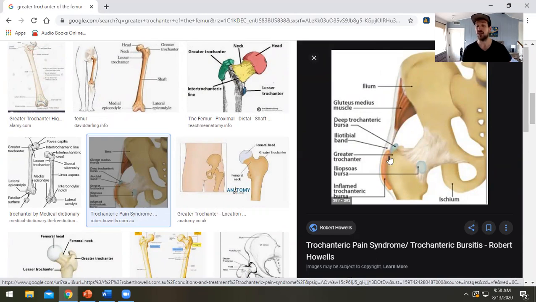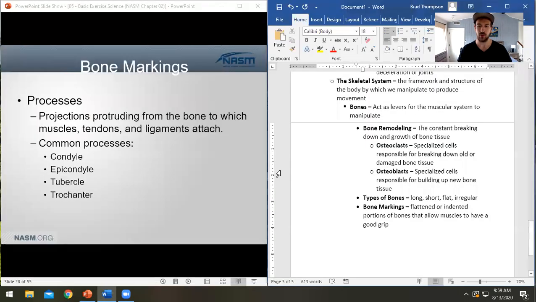If you see it running from here to here, we need to place a foam roller between this bony point up here on the top of your hip and your greater trochanter, that knob down the femur off to the side. If you place a foam roller right here, we're going to try to get that muscle to relax. That's a pretty common one that we talk about a lot.